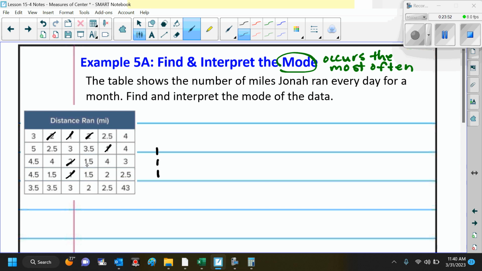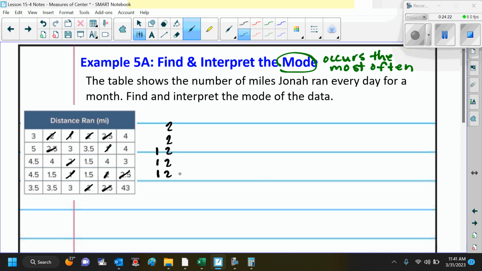So that's 1, 2, 3, 4, 5. The next highest is 2.5, right? You see 2.5 in there? Yep. So we've got 1, 2, 3, 4. So there's 4 2.5s.